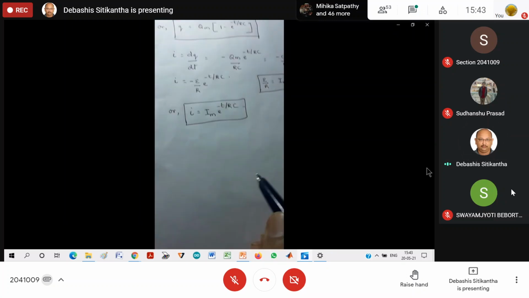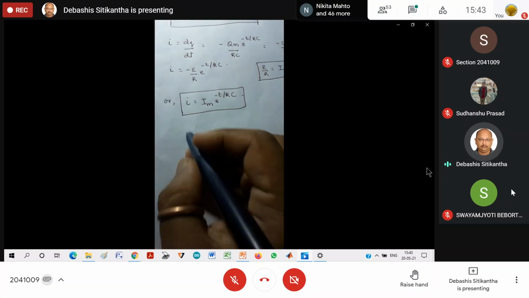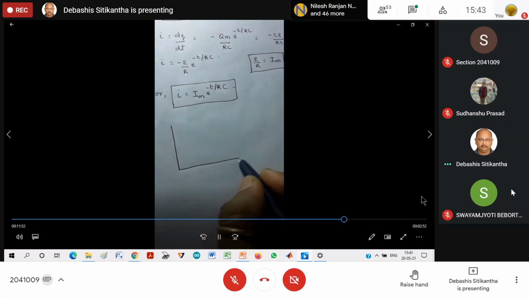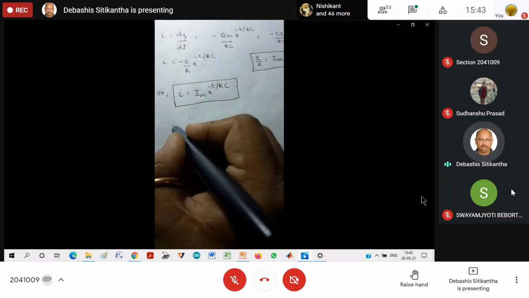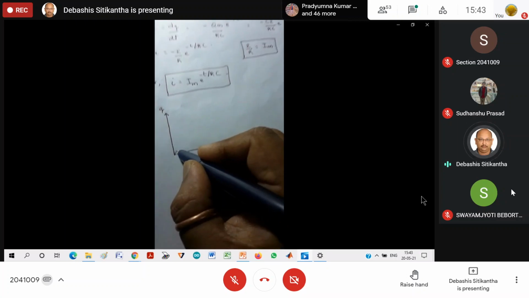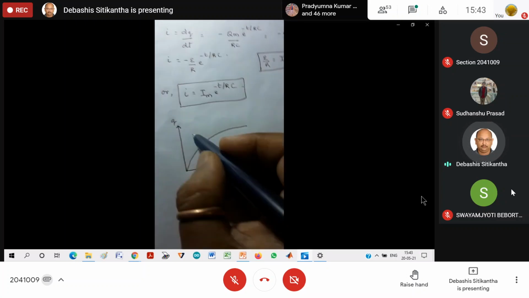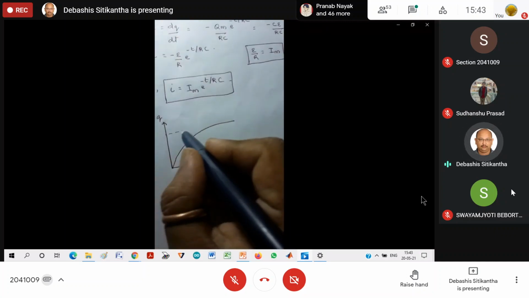Another important thing that I need to mention, but before that let us draw the graphs. If I draw this as the t-axis and this as the q-axis, then the nature of the graph will be something like this. Why will it be like this? Because first there is Qm, which is over here.